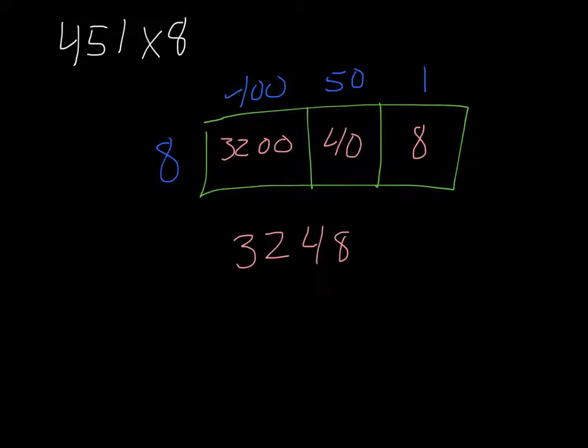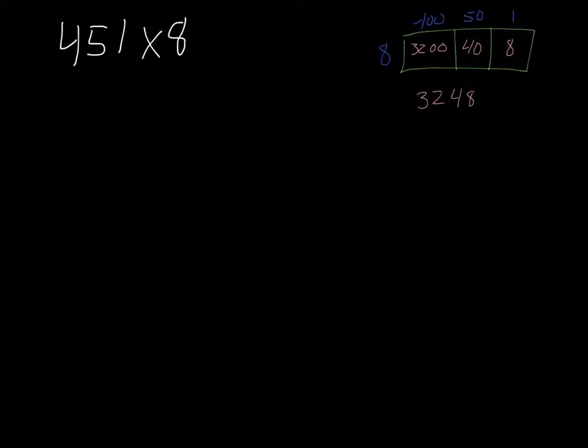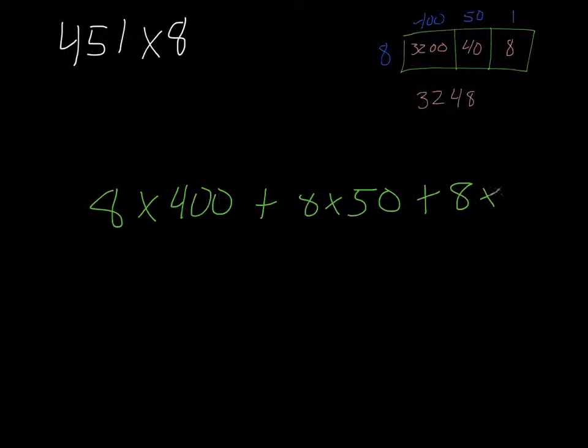A similar way that we can do this, instead of just using the area model, is breaking it down a little bit more. We can take our numbers, 8 times 400 plus 8 times 50 plus 8 times 1. Okay.